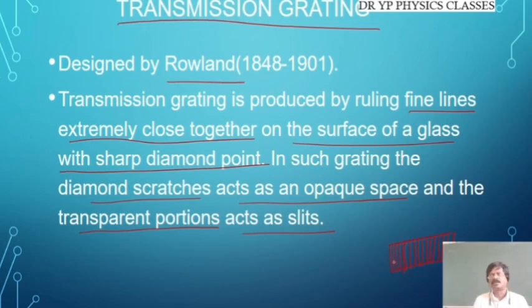We have seen diffraction at a single slit. Now, there are hundreds of thousands of slits in this piece of glass. It is nothing but parallel slits arranged side by side. So, transmission or diffraction takes place through multiple slits instead of a single slit.